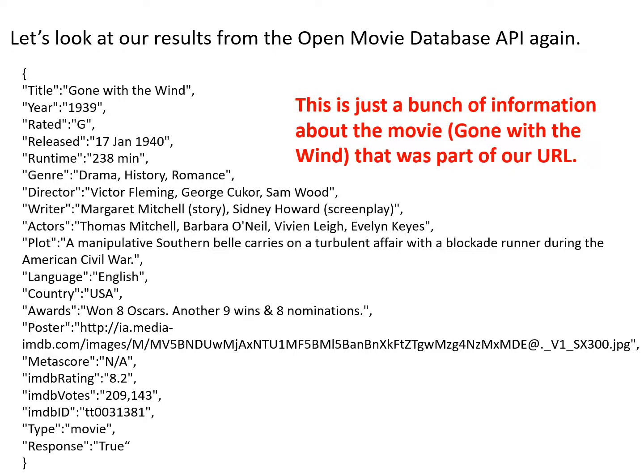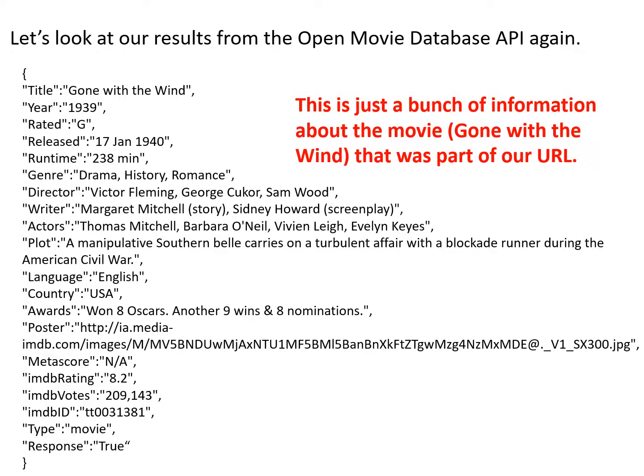Okay, so let's look at the results we got when we typed that URL into the OpenMovie Database API. Here's what we got, a bunch of information about Gone with the Wind. And you see it's in JSON format. There's a beginning brace, and really we only got one little record back.